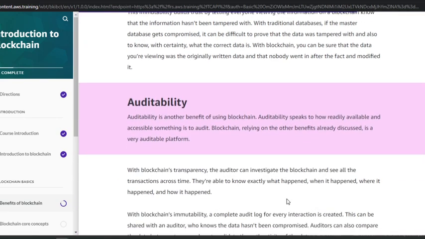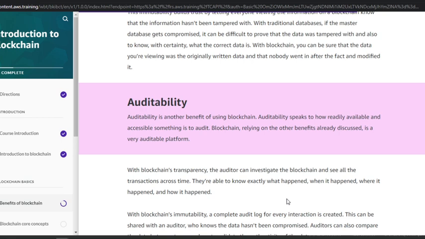Auditability is another benefit of using blockchain. Auditability speaks to how readily available and accessible something is to audit. Blockchain, relying on the other benefits already discussed, is a very auditable platform. With blockchain's transparency, the auditor can investigate the blockchain and see all the transactions across time.